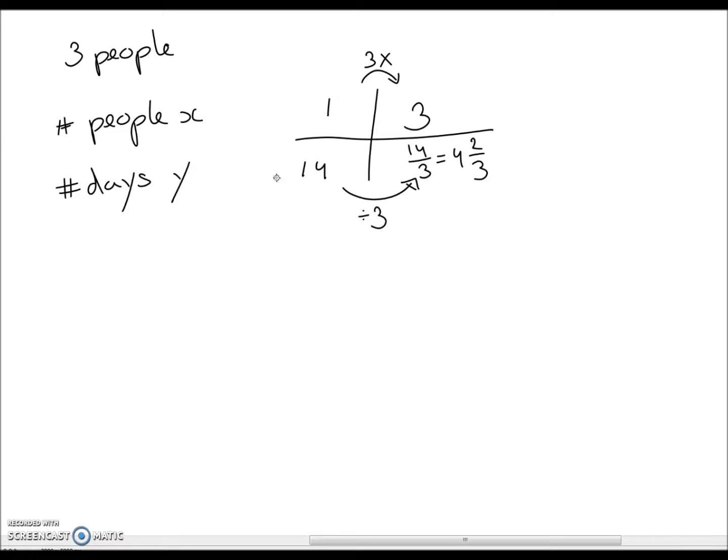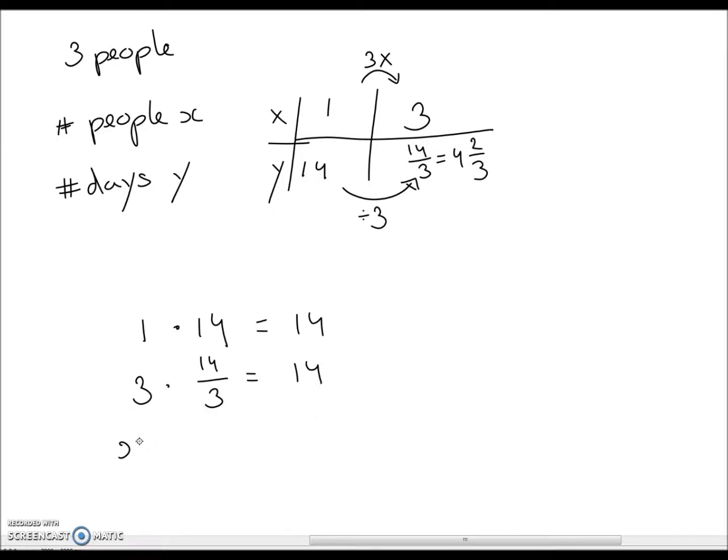Let's look at our example. 1 times 14 is equal to 14. So if x is 1 and y is 14, then the product of x and y is 14. If x is 3 and y is 14 divided by 3, then the product is also 14.